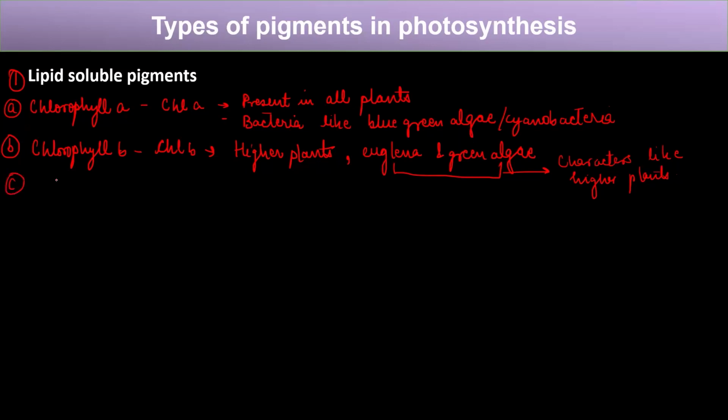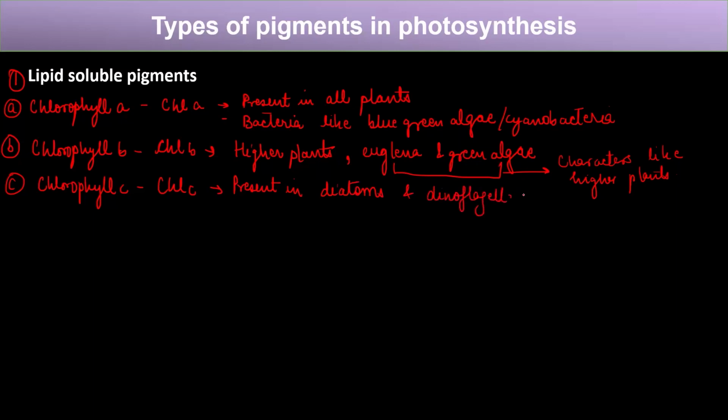Now, the third pigment is chlorophyll C, represented by CHLC, and it is present in diatoms and dinoflagellates.